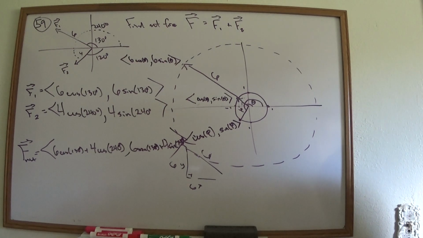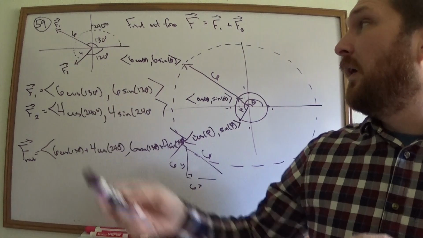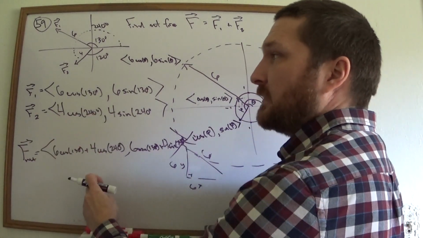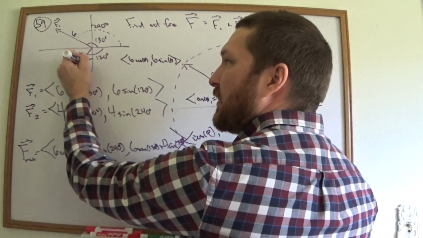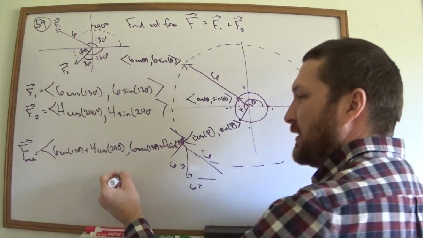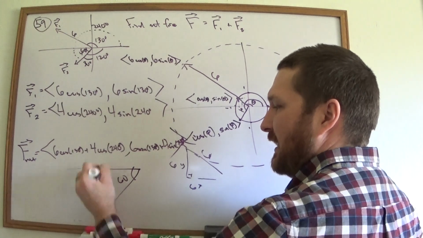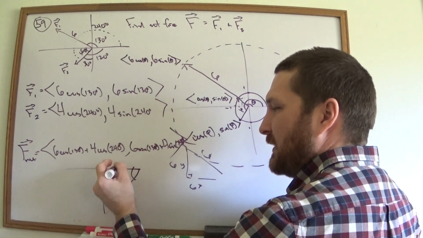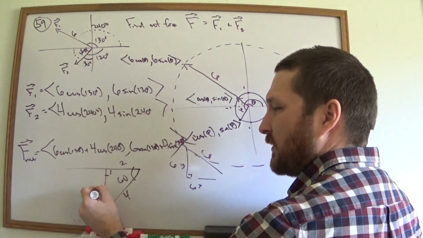Now here's the thing. Since we do have 120, if we were so inclined, we could find an exact value. Because this would be 30 degrees and this would be 60 degrees. So you could set up either of those triangles and say, if this is 60 and this is 4, then this would be 2, and this would be 2 root 3.